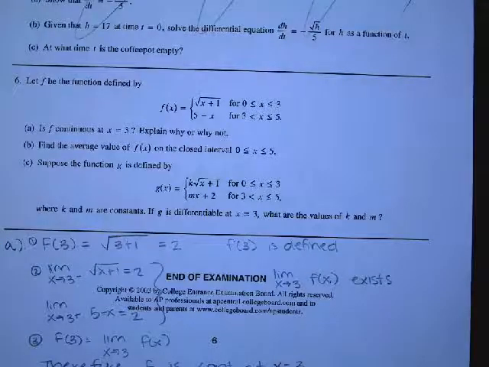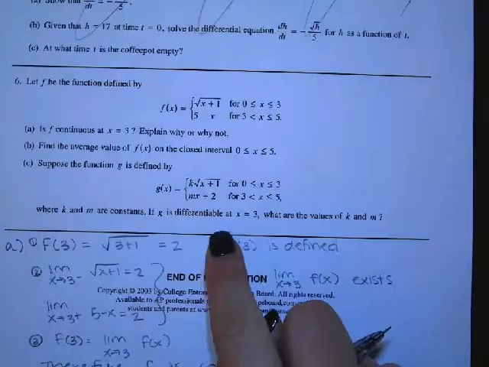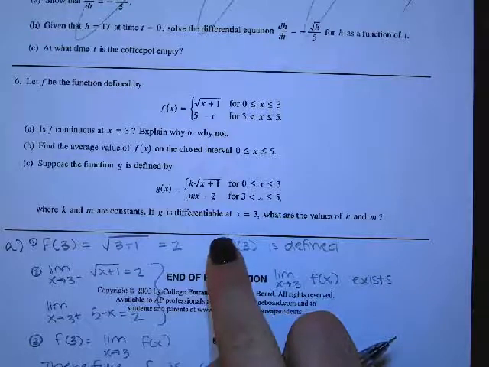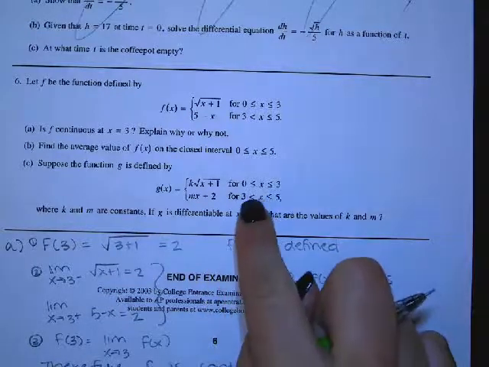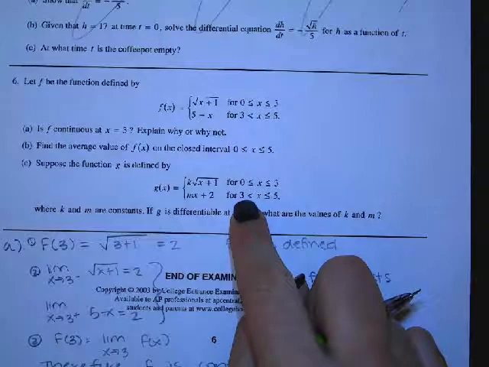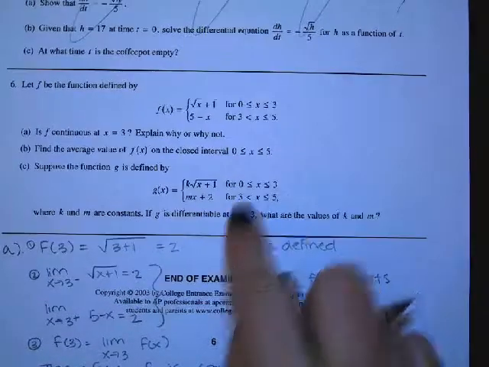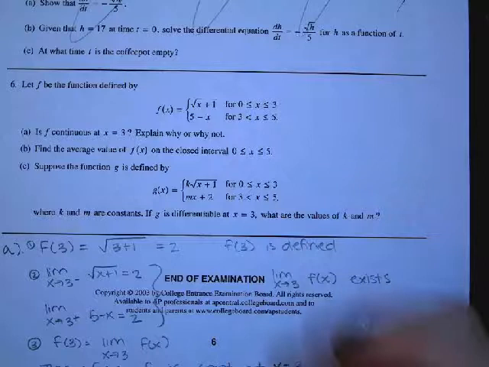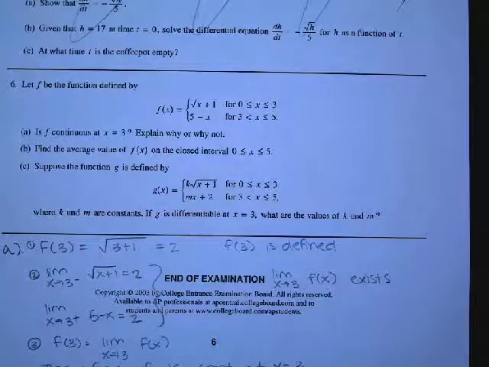Okay, part C wants you to say that you've got g of x, you know that g of x is differentiable. That means that if it is differentiable, that means that this has to be continuous, which means that 3 is important, and that when you take the derivative, that it's still continuous at 3, so that you can have that differentiation.